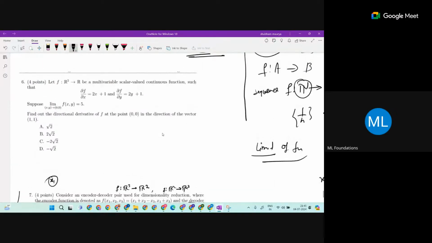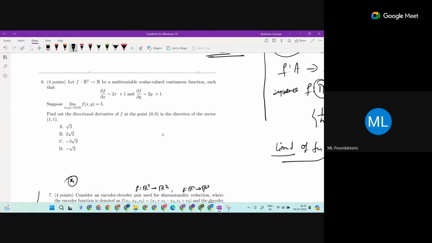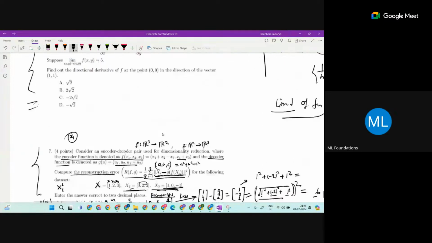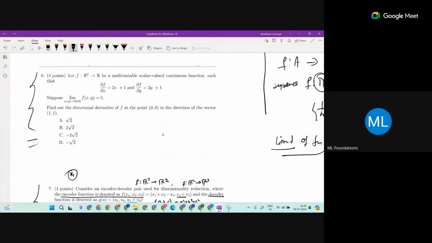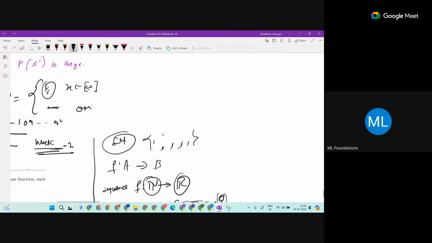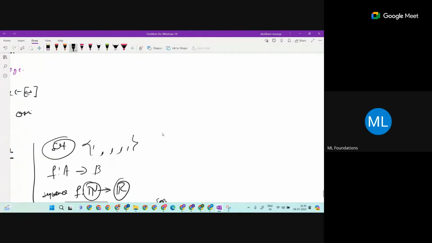Now there is one problem on multivariable also. So in multivariable, let's discuss a bit now. We have almost discussed continuity and differentiability in one variable.